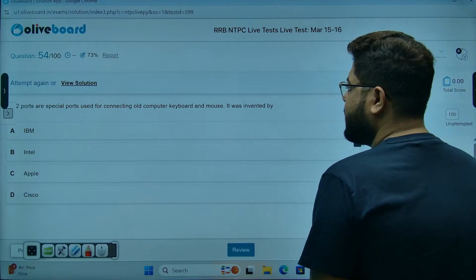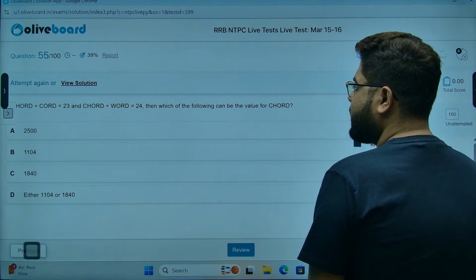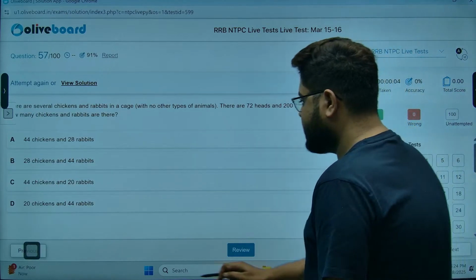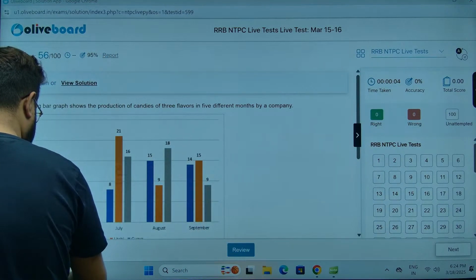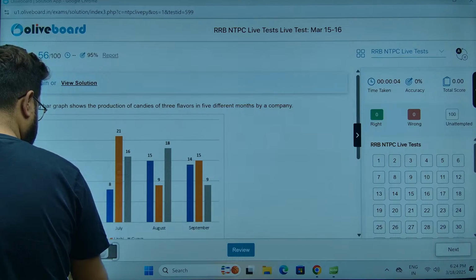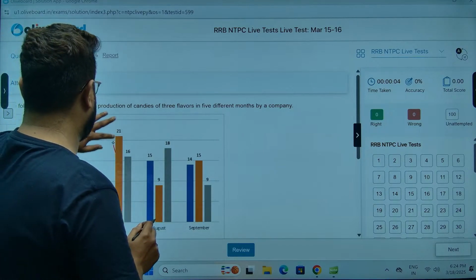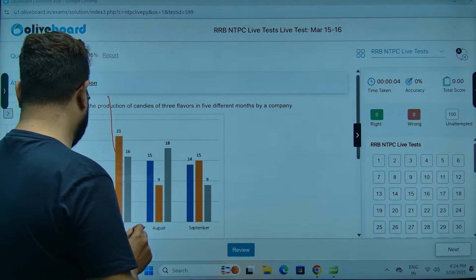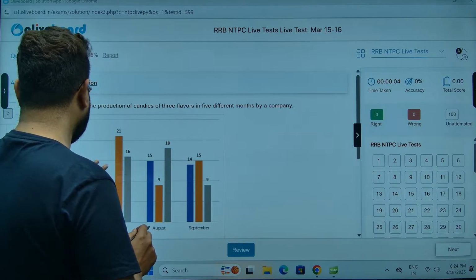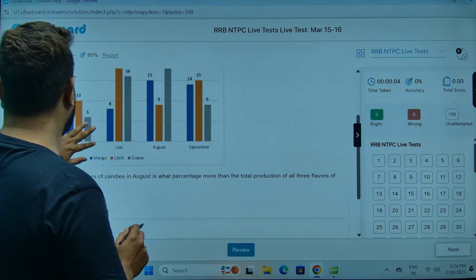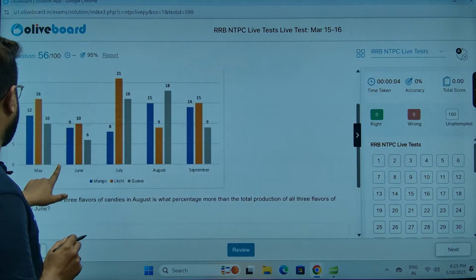53. We're still far behind. There are so many questions today. So this is how the question looks.